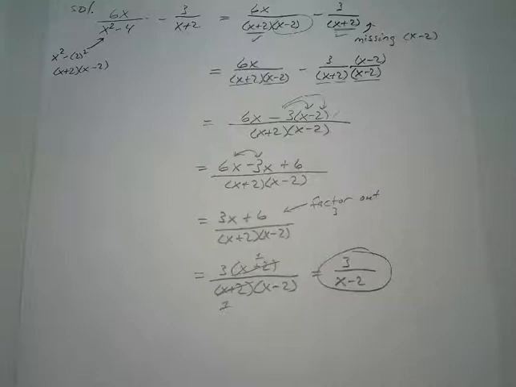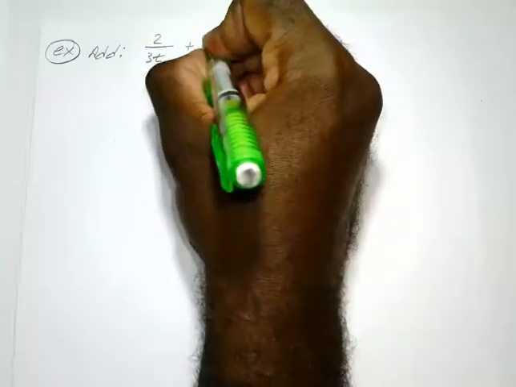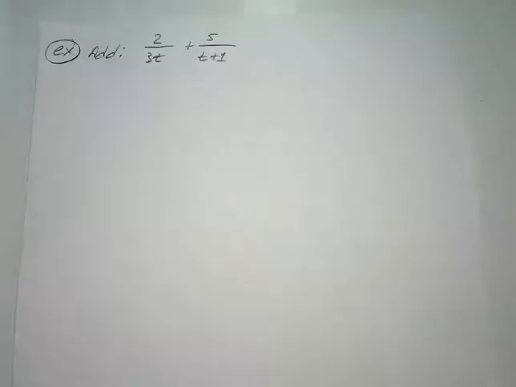Alright, so let's go ahead to our next example. Okay, so for example, let's say we want to add 2 over 3t plus 5 over t plus 1.